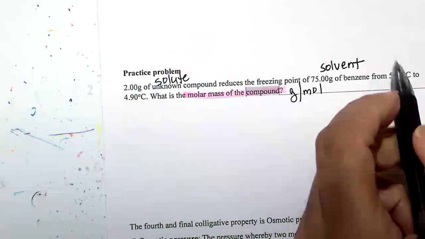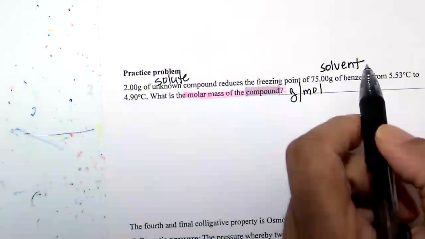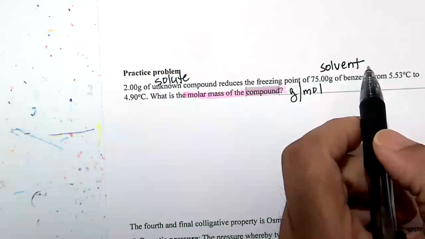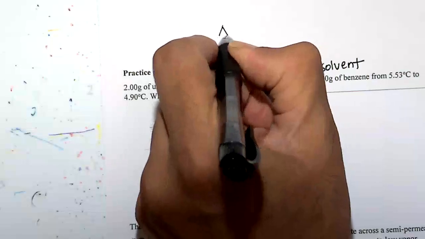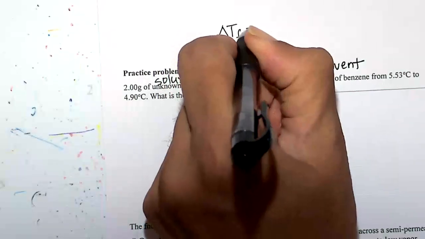So we know the freezing point goes down from 5.53 to 4.90. So our delta Tf will be what number?